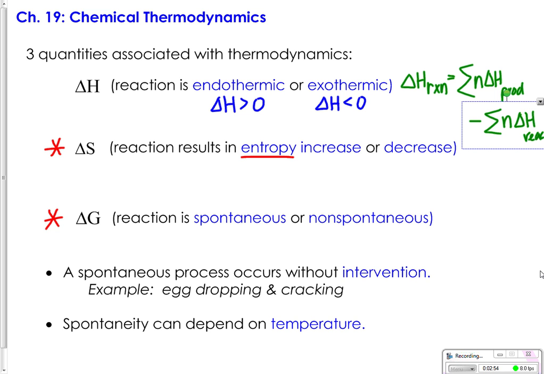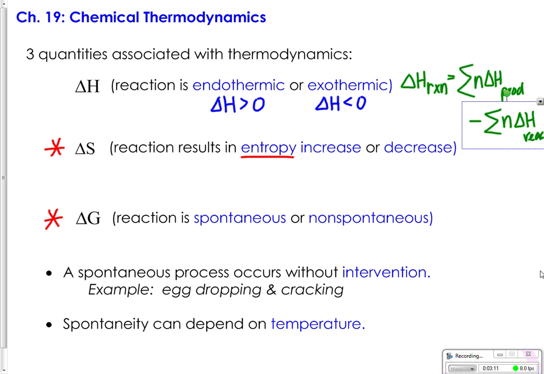When it hits the ground, it's going to crack and make a big mess. The egg is more disordered, messier, than it was before it fell. So the spontaneous process is occurring without intervention. The egg drops and makes a big mess.